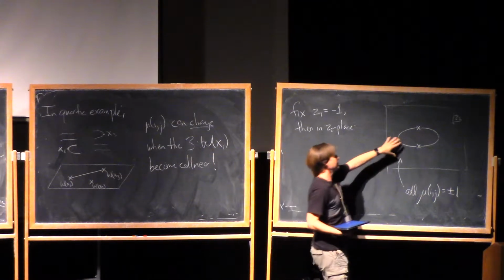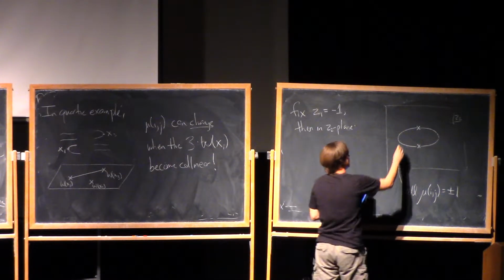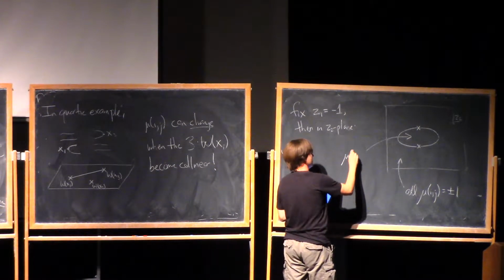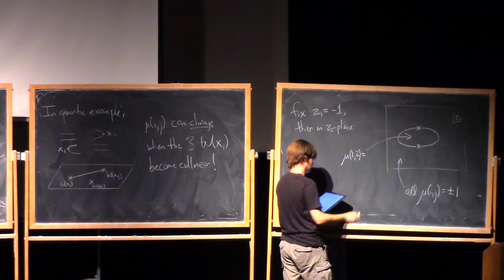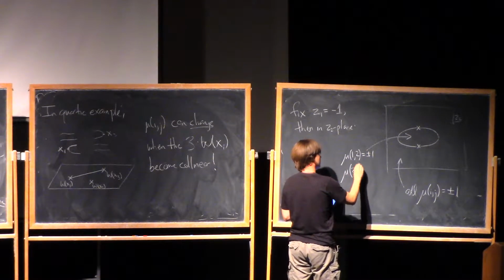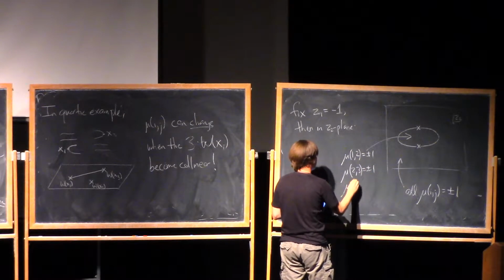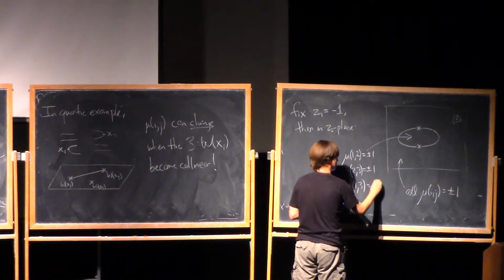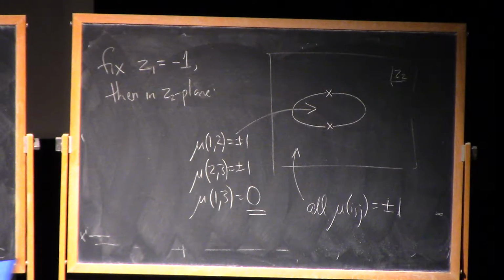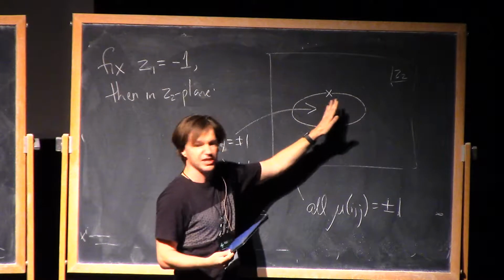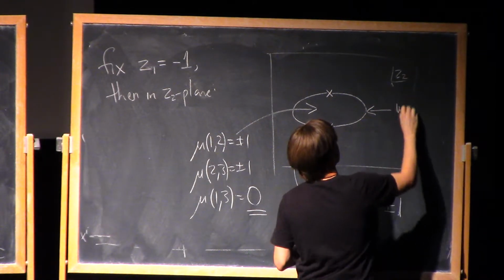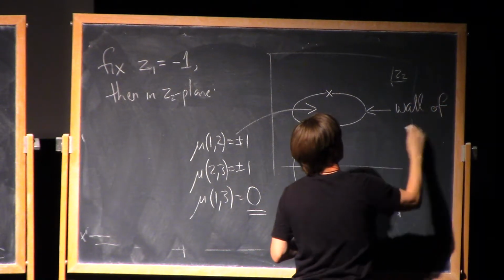If you chose your polynomial in this region, there's an interior region, and in the interior region, with some choice of labeling of the vacua, there's a soliton from 1 to 2, a soliton from 2 to 3, but there's no soliton from 1 to 3. And so this is the first example of the wall crossing phenomenon. This mu of ij changes as we move in the space of polynomials. And so this place where it changes is called the wall of marginal stability.